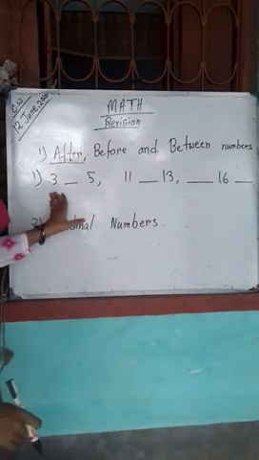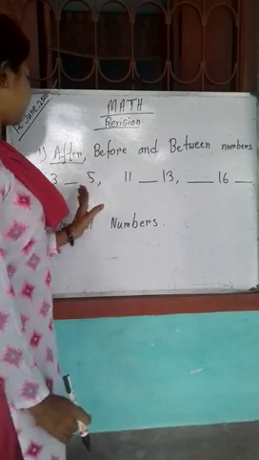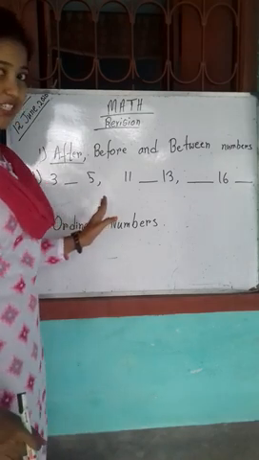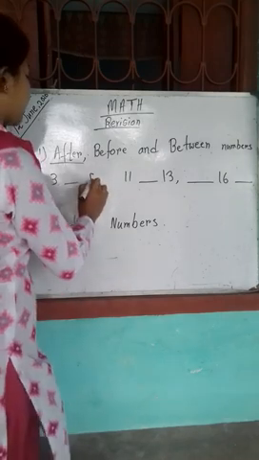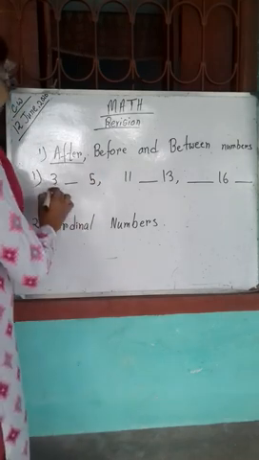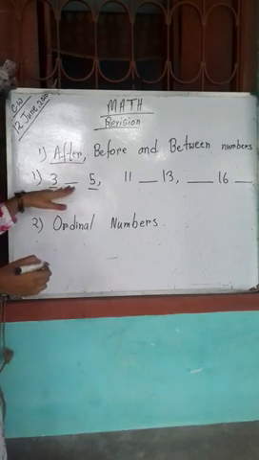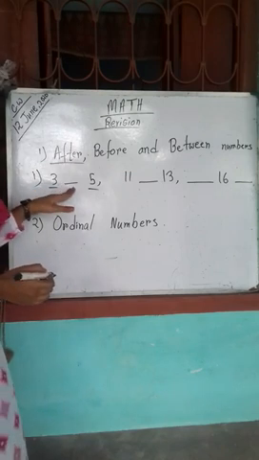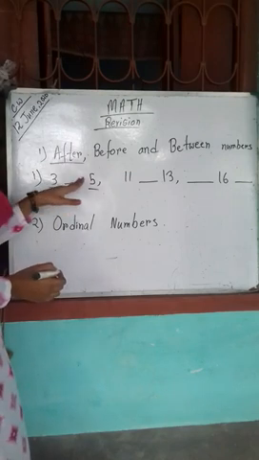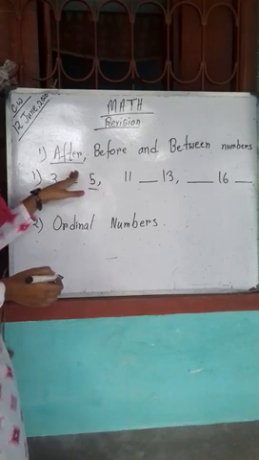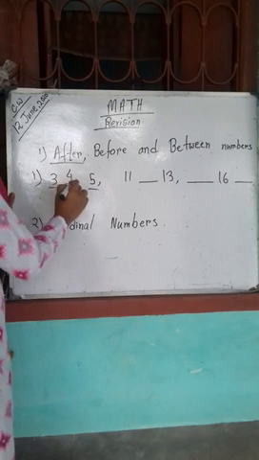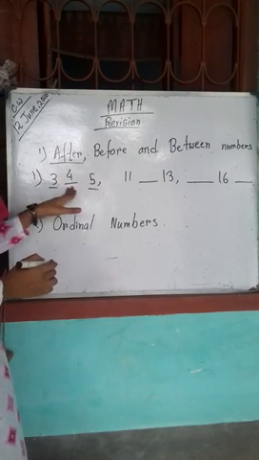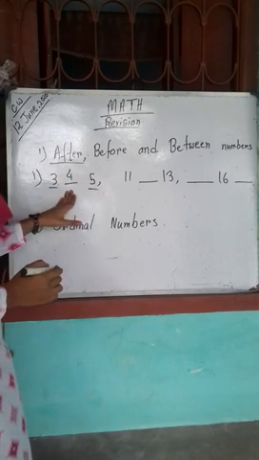I have given the same type of questions in your revision test also. So how will you solve these questions? See, here I have written 3 and 5, and in between there is a gap. You have to fill the gap. Between 3 and 5, which number came in between? Then you can say after 3 there is 4, and before 5 there is also 4. So here will be 4.